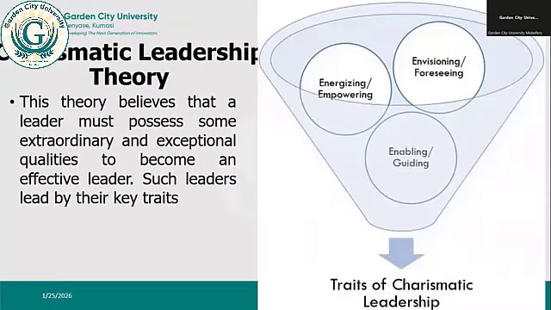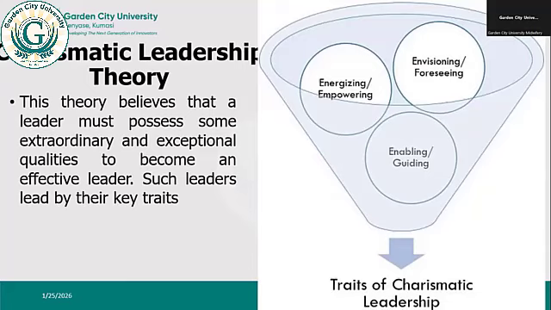Then we talk of the charismatic leadership theory. Growing up, we used to say, oh, somebody is charismatic, he's a charismatic leader. Today we are seeing it and learning that it's a theory. It is a theory that believes a leader must possess some extraordinary and exceptional qualities to become an effective leader.